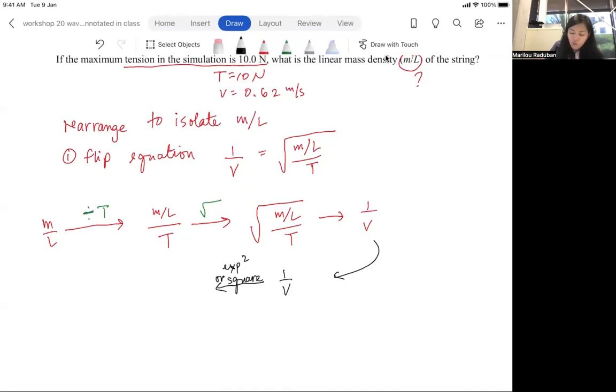That means you have to square 1 over V, so you have 1 over V, all squared, which is equal to 1 over V squared, because 1 squared is still 1.